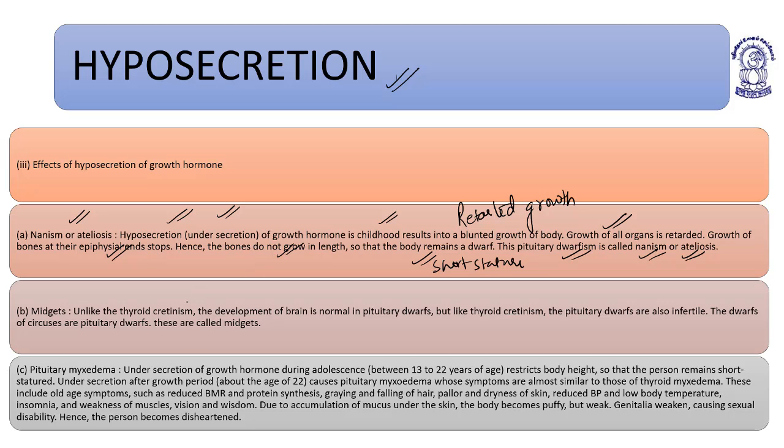Midgets. Unlike the thyroid cretinism, the development of brain is normal in pituitary dwarfs, with no mental retardation, but like the thyroid cretinism, the pituitary dwarfs are also infertile.